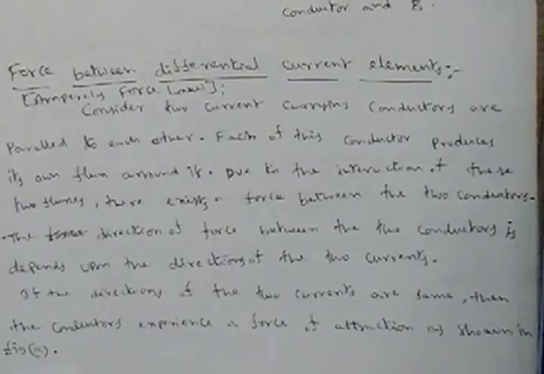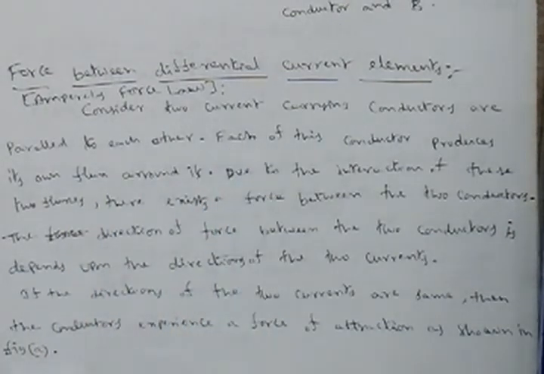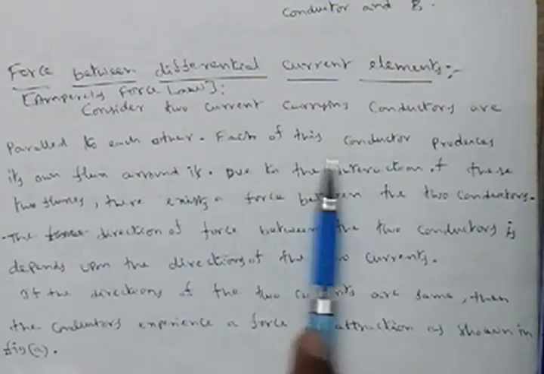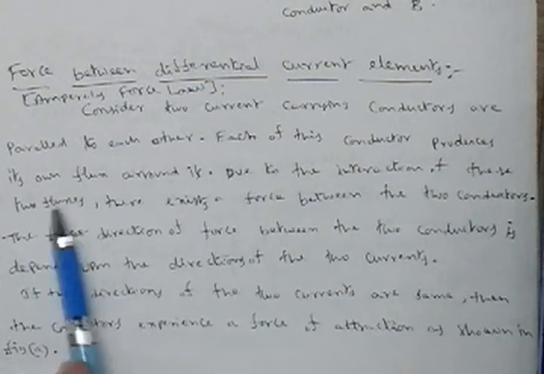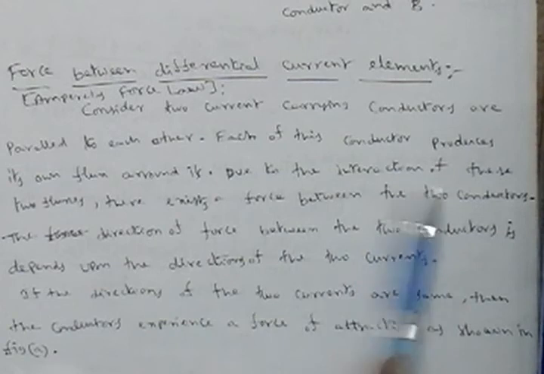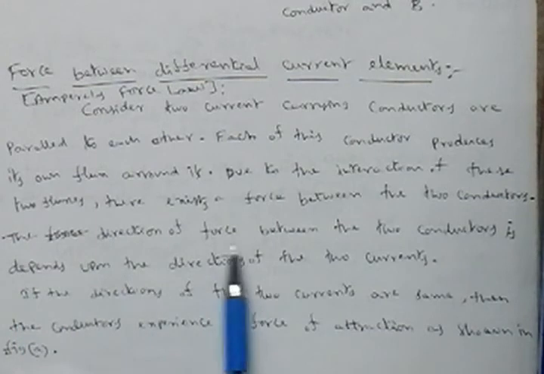Now let's see here. Consider two current carrying conductors placed parallel to each other. Each conductor produces its own flux around it. Due to the interaction of these two fluxes, there exists a force between the two conductors. The direction of force depends on the directions of the currents.